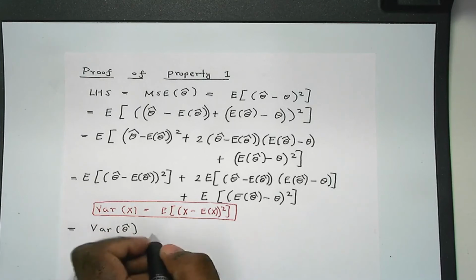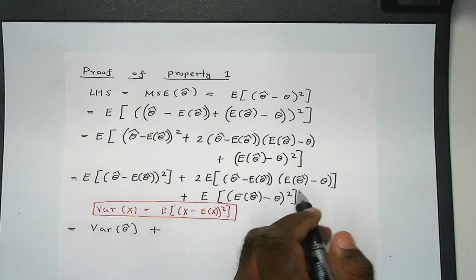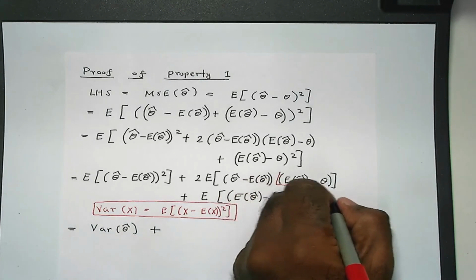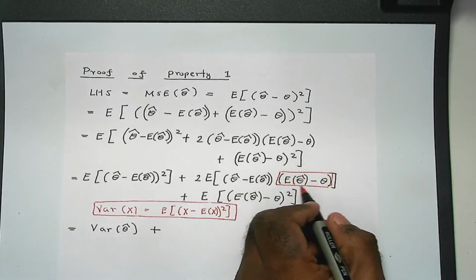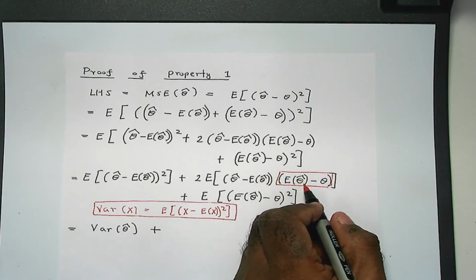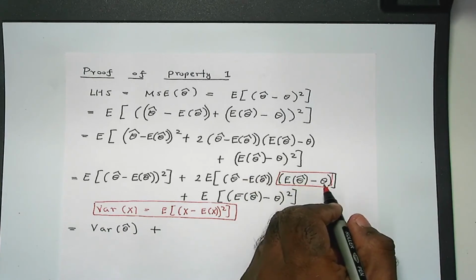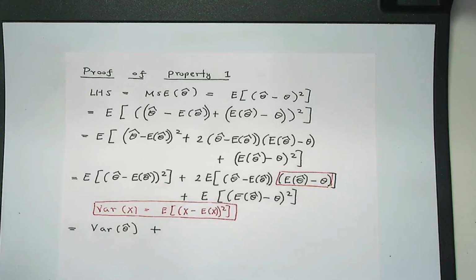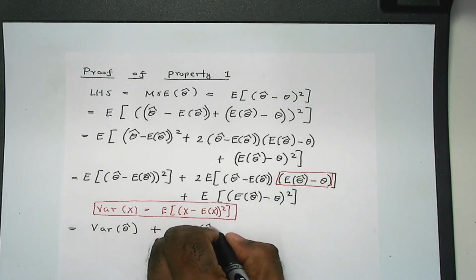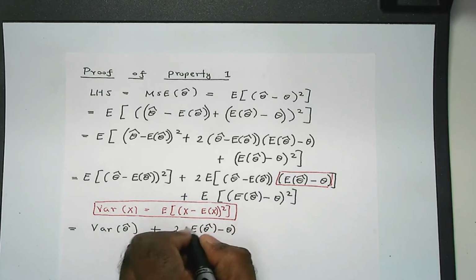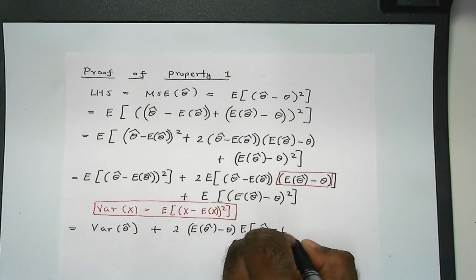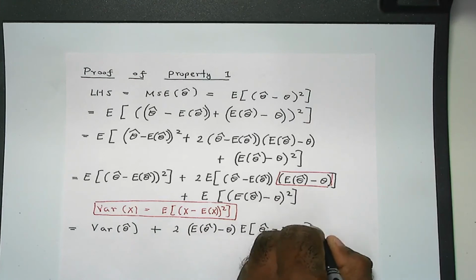plus, now if you look at this guy here, the expectation of theta hat minus theta is a constant, because the expectation of a random variable is a constant and theta is a constant, so you can pull it outside. So you get 2 times this.